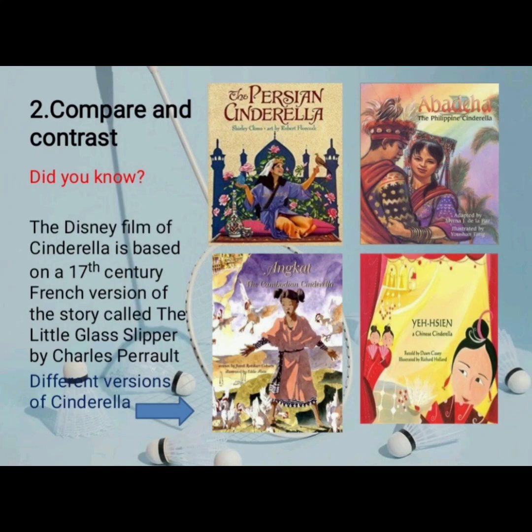In this topic, you will explore two different versions of Cinderella, that is, the Chinese and the Kenyan Cinderella tales. Read through these two versions of Cinderella, then read the synopsis of Cinderella on page 157.